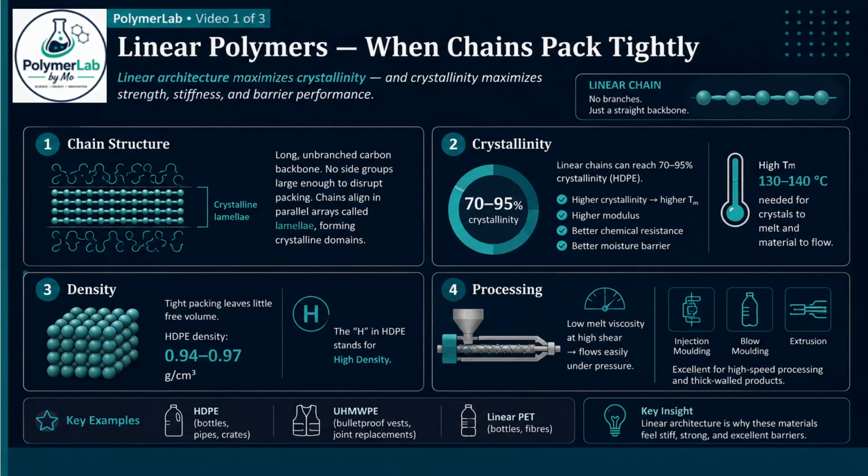They align in parallel and pack into ordered arrays. We call this crystalline lamellae. In HDPE, crystallinity can reach 75 to 85%. That is most of the material organized into a crystal lattice.